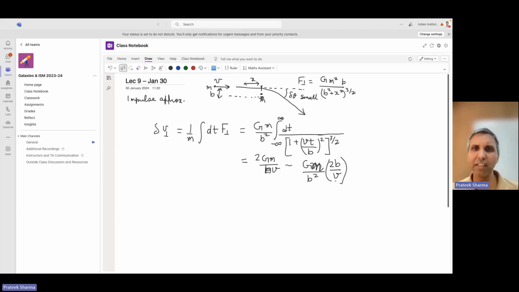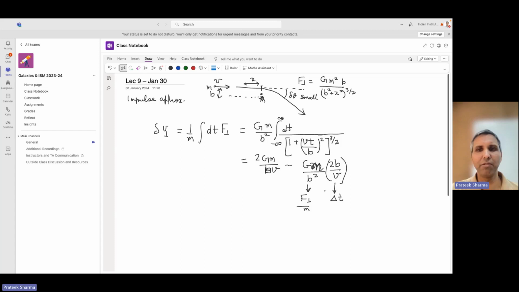If you want to concentrate all the force at an instant, this is like the acceleration in the impulse approximation, and this is your interaction time. When the test particle is far away, they aren't interacting much because the force goes like 1 over r squared.